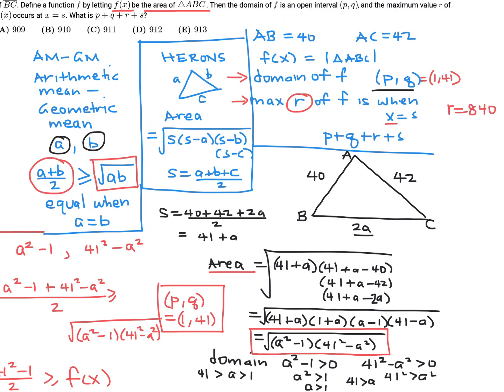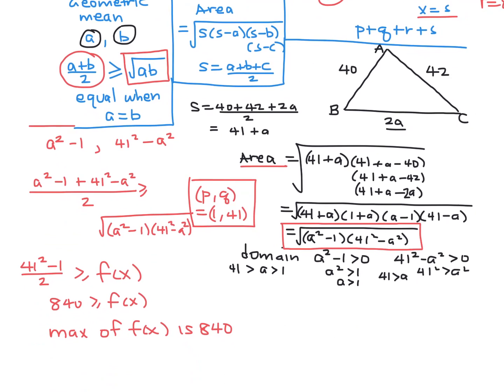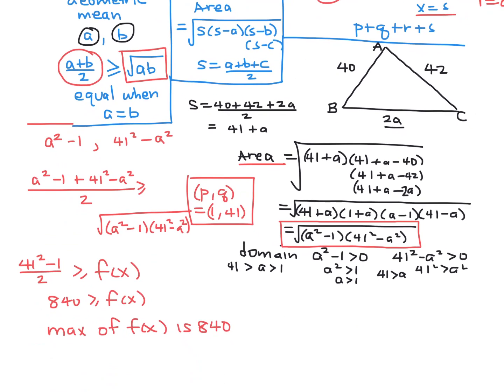Now the last piece of the puzzle is trying to figure out S. We know the max is 840, but when does that occur? For what value of x? Well, if you pay close attention to there, it says that f at x is less than or equal to. We're saying f at x is equal to 840. That is the max, correct?